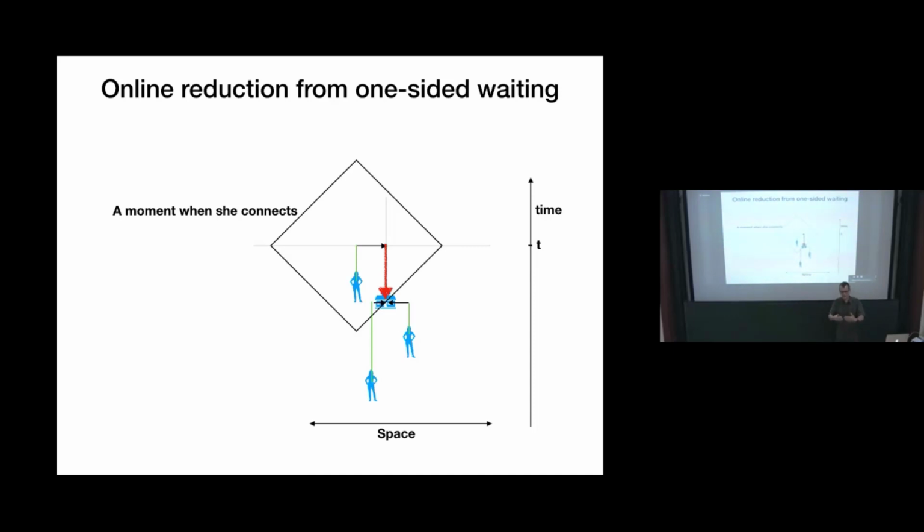So there was nothing wrong in the original model. The only problem was these clients who illegally wanted to connect to something previously open. Okay, question to the audience. What should you do in a reduction for this late client?